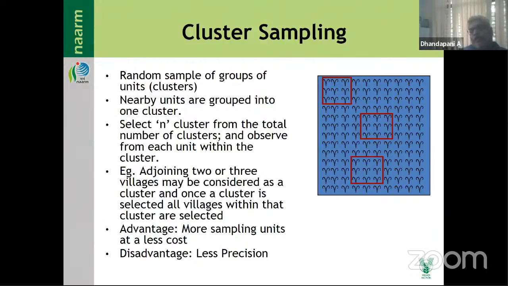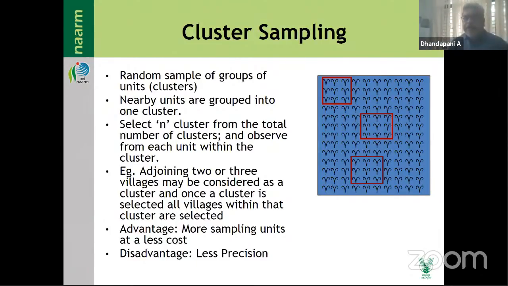Now these 20 villages will be spread across the entire district. So you will have to go to each village and then collect the information. That means you are going to spend both time as well as resources, money is required to go from one village to another, and it is going to increase the cost of the survey like anything.